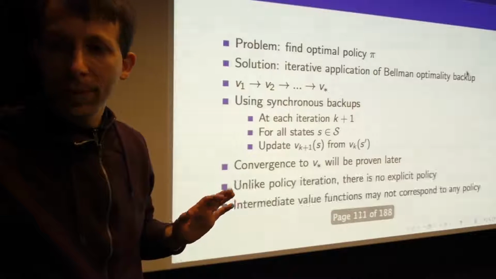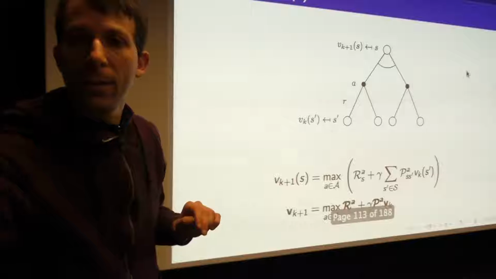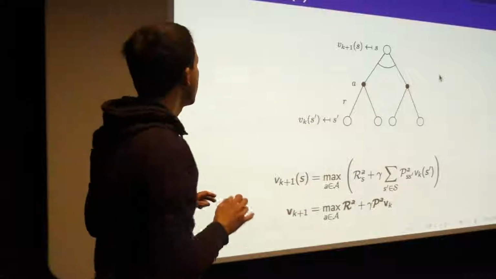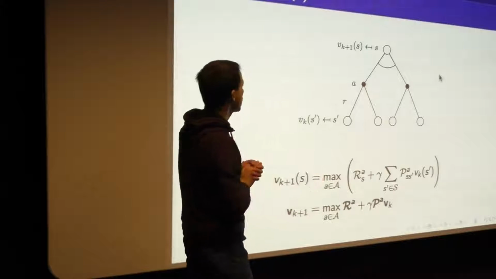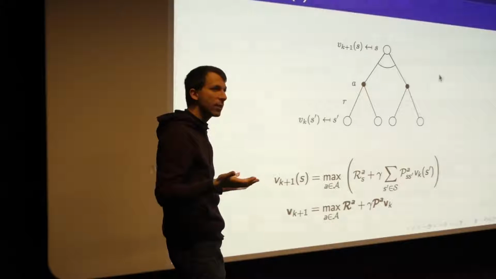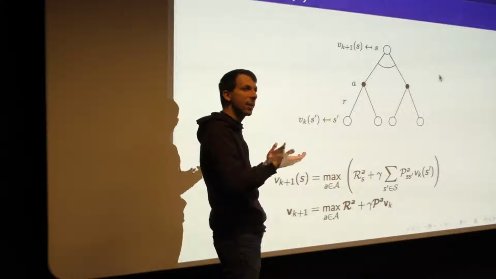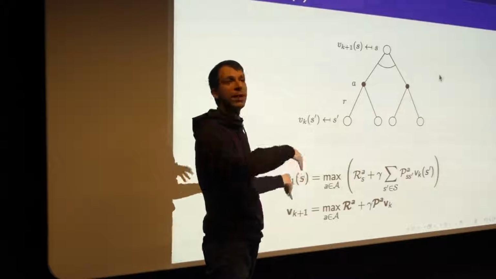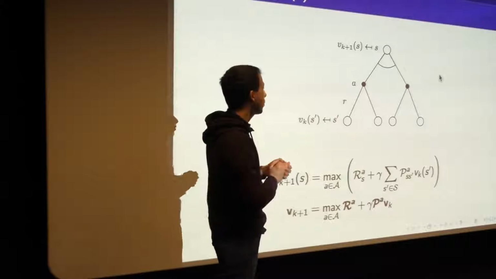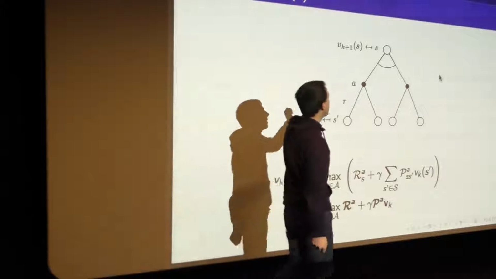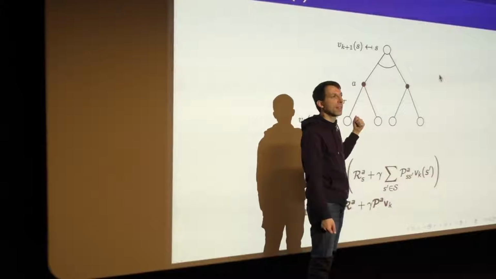Okay, let's just get back to where we are. One last slide on value iteration before we move on to some extensions. This is the same slide we saw earlier for the Bellman expectation equation, just to show that the same logic applies for value iteration as for iterative policy evaluation earlier. In other words, we're doing synchronous sweeps. In every iteration, each state gets a turn to be the root of this diagram.